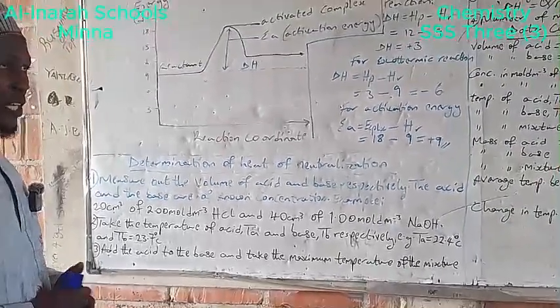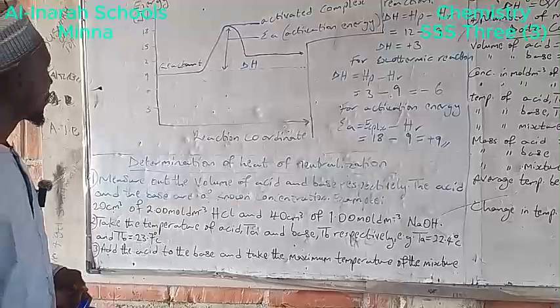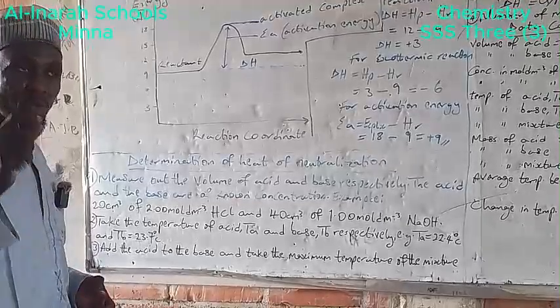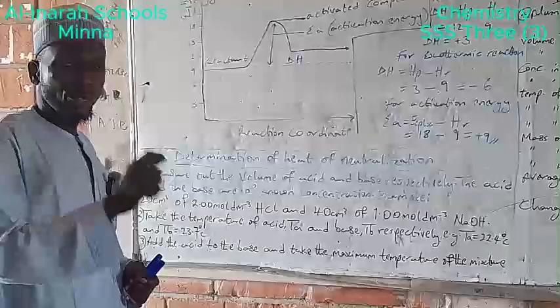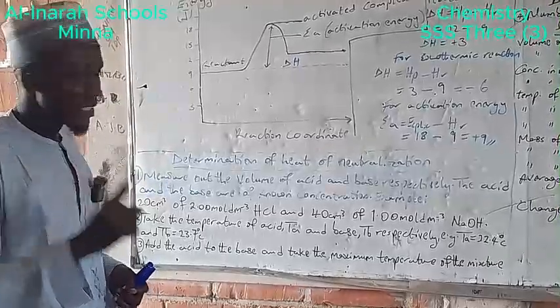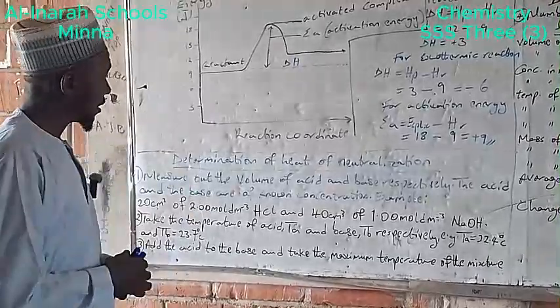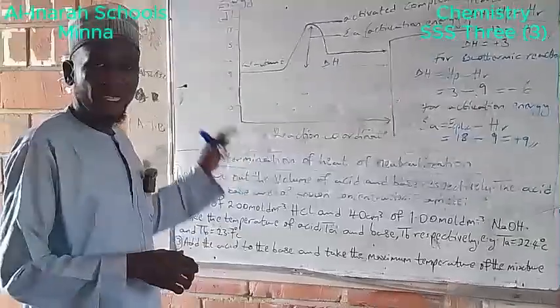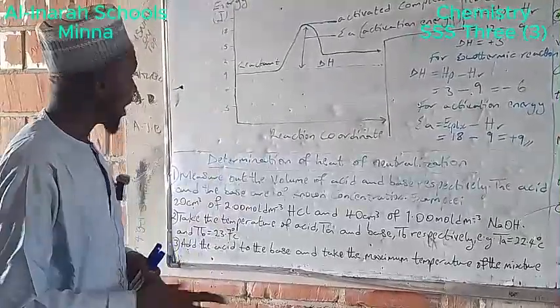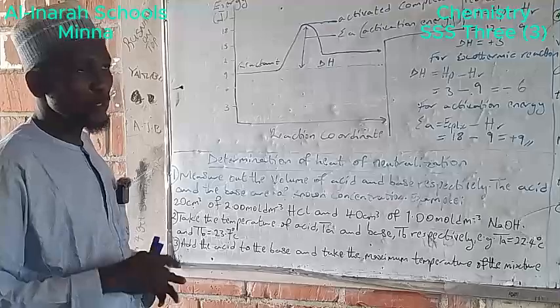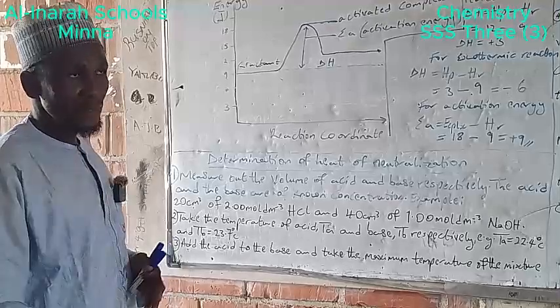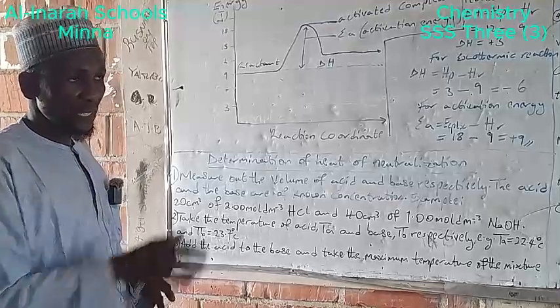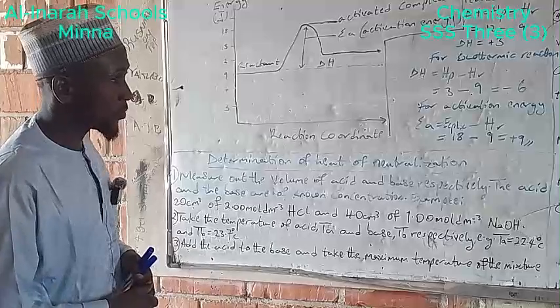The first thing you are supposed to know is how to draw correctly the sketch depicting this reaction. There are things you must note, which are very important. In case of examination, definitely some of these things are what we are going to take note of.